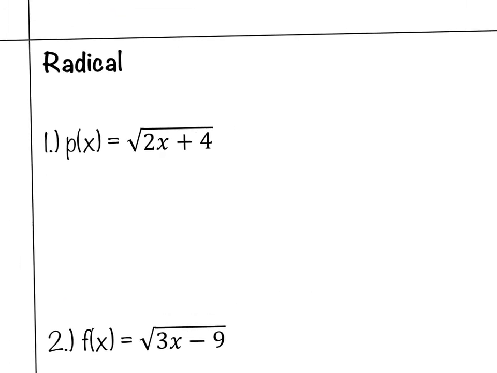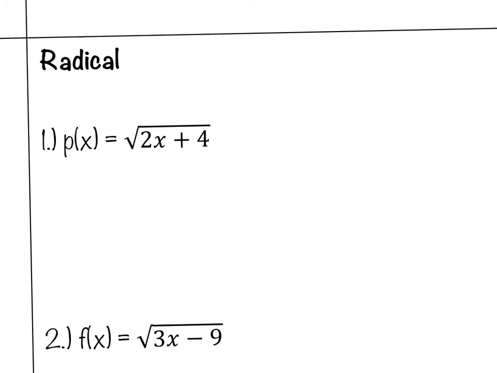The last one we're going to do, and you're going to see this later on in the unit, is radicals. Now this is where it gets tricky in both directions.